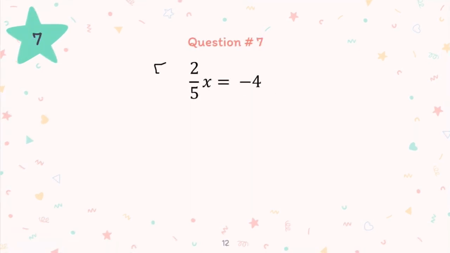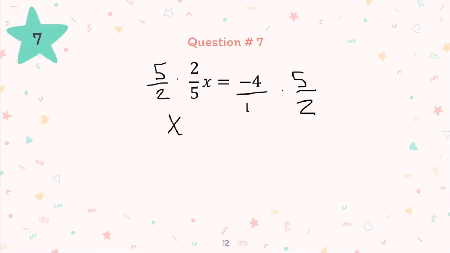For this one, we're going to do the same thing. We're going to flip the fraction around, so it would be 5 over 2, multiply it, and what we do on one side, we do on the other one. So to make it easier, we're going to do negative 4 over 1 times 5 over 2. And 5 times 2 is 10, 2 times 5 is 10. So 10 over 10 is equal to 1, and 1 equals x.